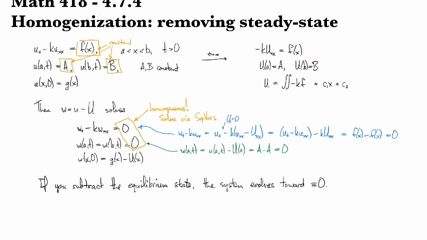And so in some sort of made-up, goofy symbols, in general, the state variable u, as time goes to infinity, is going to tend to equilibrium.